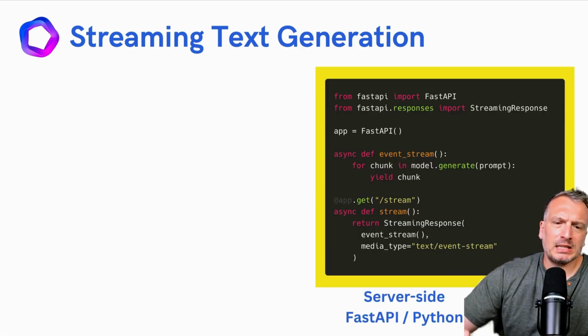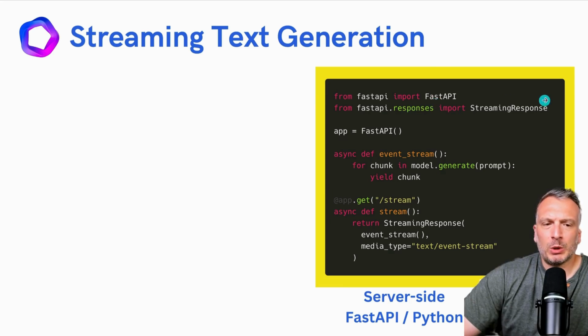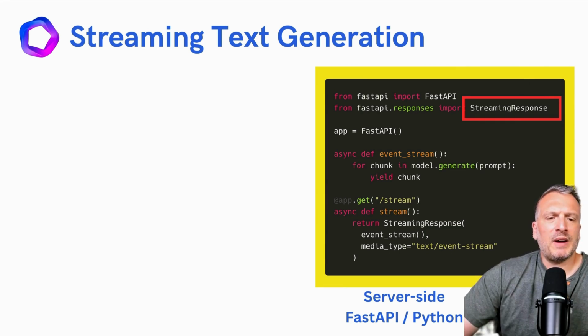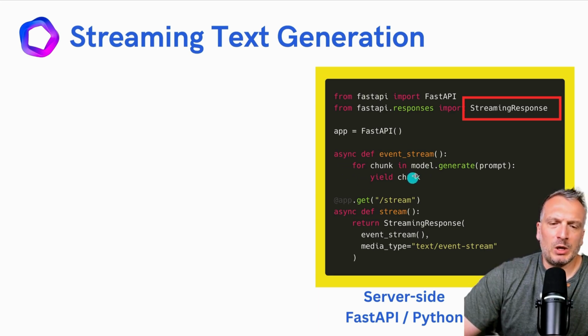Just to get a sense of how you would actually build a streaming application, let's look at this code example. This is an example of a FastAPI code base that would be written on the server side. In FastAPI, we have what we call StreamingResponse, which is a module that enables streaming responses and provides a server-sent events capability. Here, for example, we have this asynchronous function where we are mimicking what the model would do.